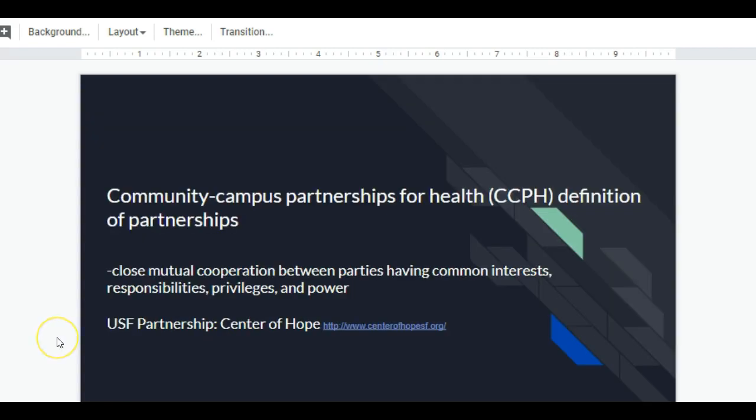So what are we thinking about when we think about partnerships? There's a good definition of partnerships right off the bat in your chapter. The Community Campus Partnerships for Health defines a partnership as a close mutual cooperation between parties having common interests, common responsibilities, privileges, and power.